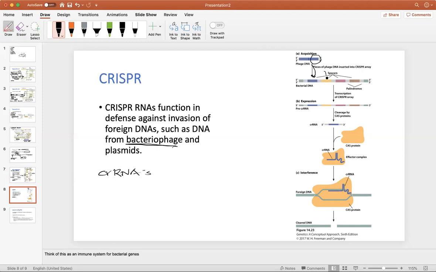And it's done this here. We're going to assume that each of these colors is from a different bacteriophage that this bacterium has encountered, and it's taken just a little sample of that viral DNA and incorporated it into its DNA, and in between, it has flanked it with these spacers, okay?